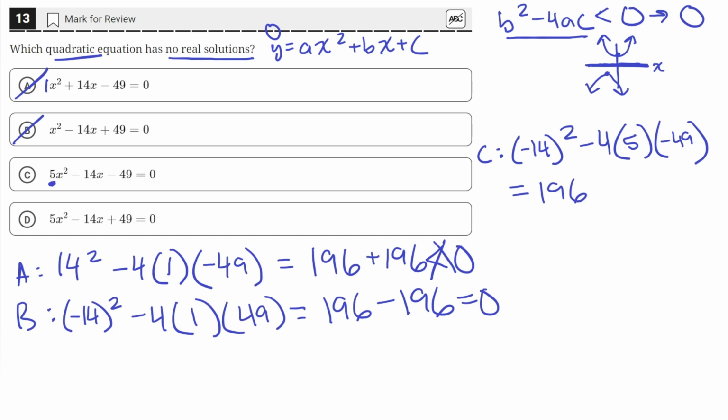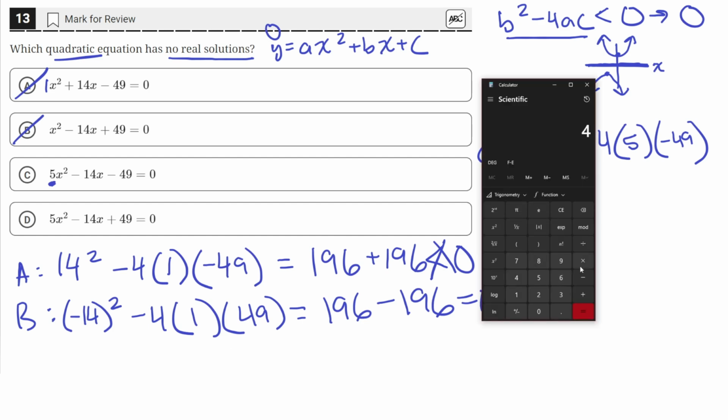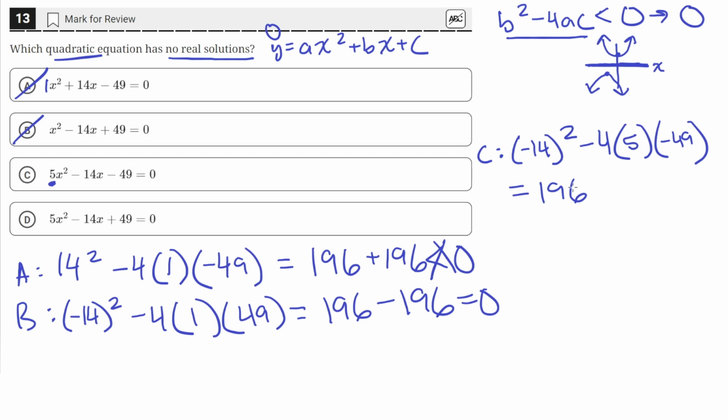And then negative 4 times 5 times negative 49 is equal to 980. But since there's two negatives, that just leaves us with a positive. And this is, again, greater than 0, so that means C has 2 solutions. We need it to have 0.